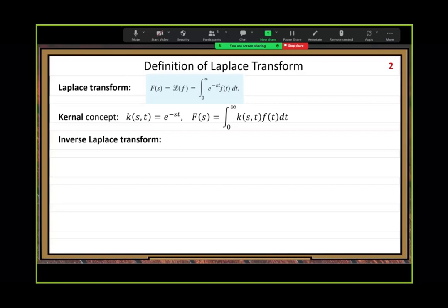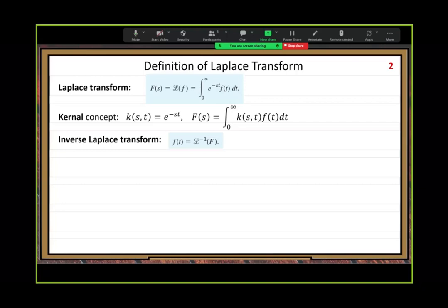Then the inverse Laplace transform. After we find a solution to the algebraic equation, we need to go back to the original domain. We get a solution for the original ODE, so we need to apply the inverse Laplace transform. Here you can see there is no specific formula defined for the inverse transform.